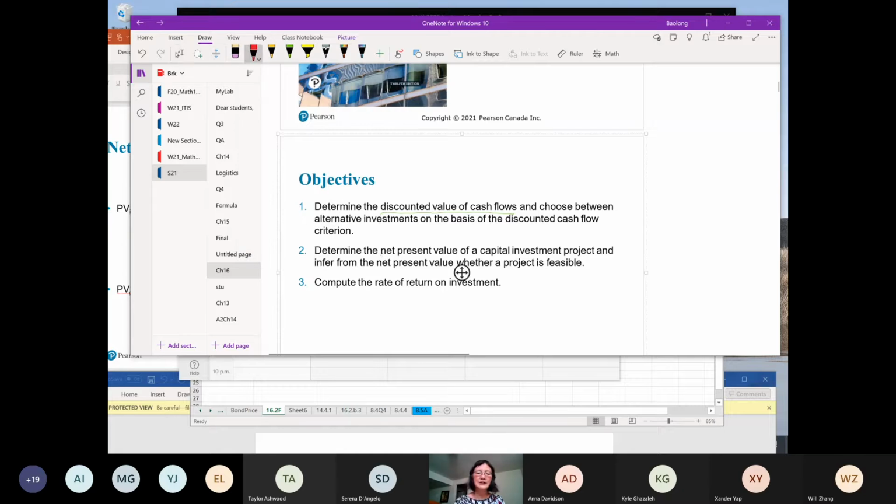You are going to calculate the net present value, NPV. We are going to use calculator method, formula method, and Excel method. Finally, you'll calculate rate of return, using calculator method and Excel method.